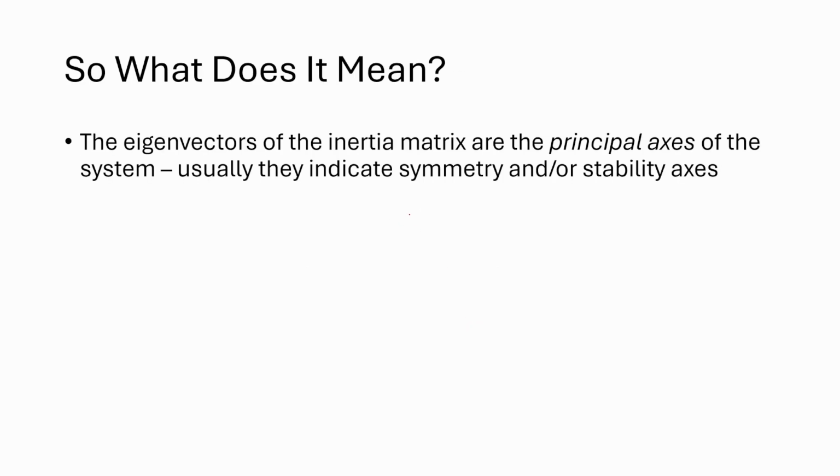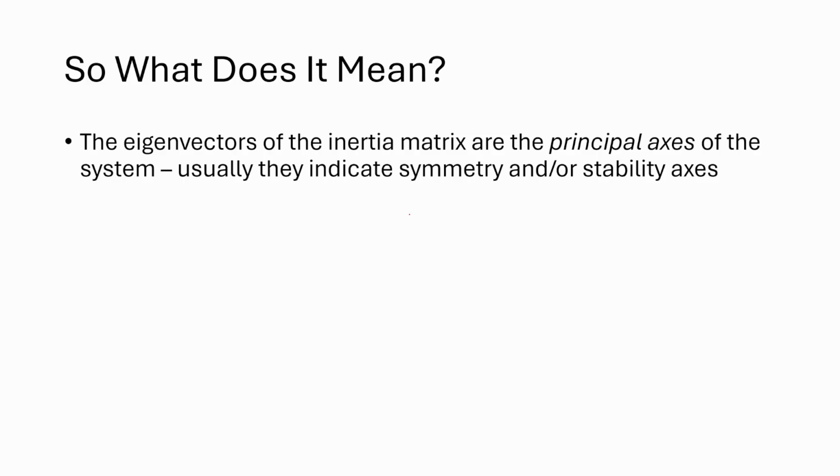So what am I trying to get at here? How does this relate to eigenvalues and eigenvectors? Well, here it is. The eigenvectors of this rotational inertia matrix, those are called principal axes. Those are special directions in the rotational motion of the system. Usually it's either a symmetry axis or it is an axis that the rotation is stable around.